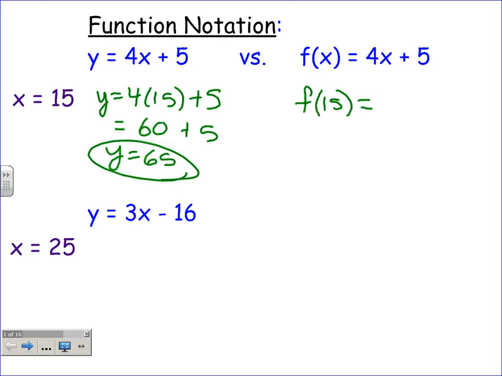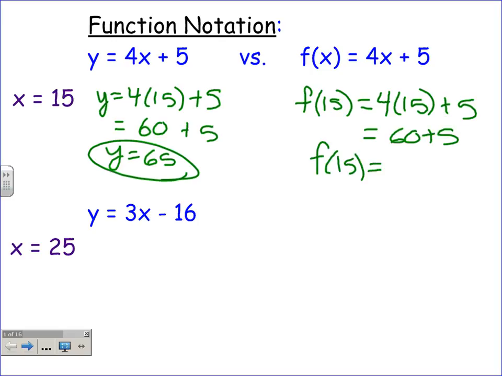We're replacing the x with a 15. So wherever there's an x, we're going to put a 15. So we'll say 4 times 15 plus 5. That's still going to be 60 plus 5. And now, instead of saying y, we just say f of 15 equals 65.